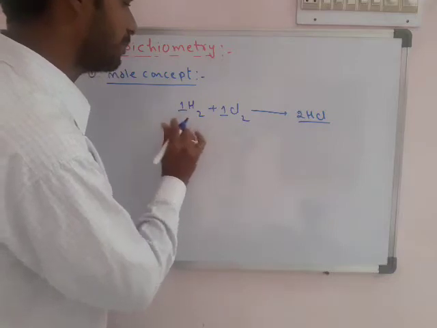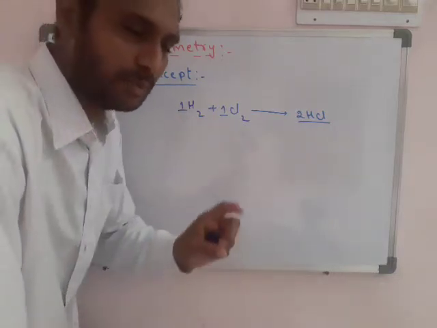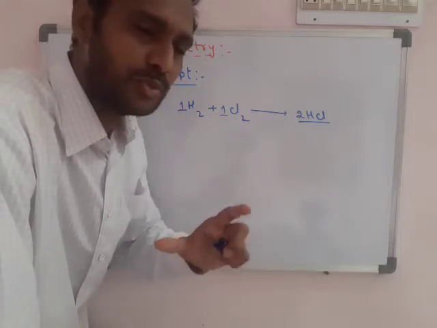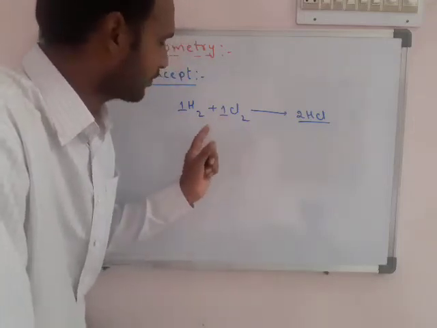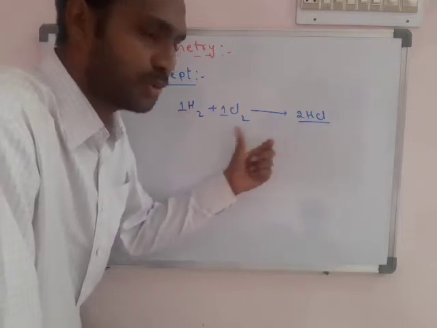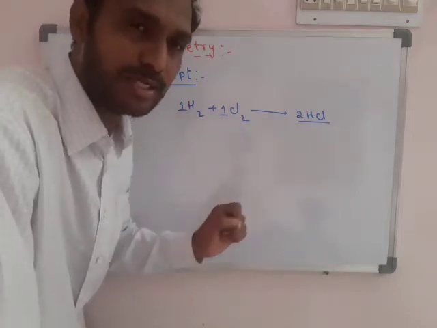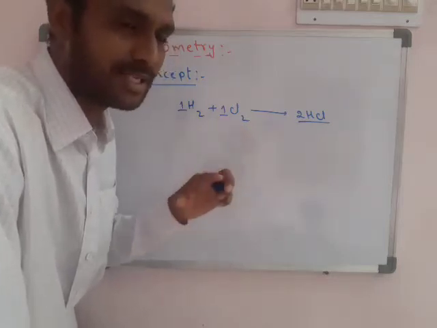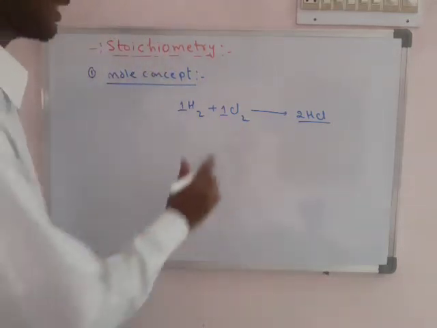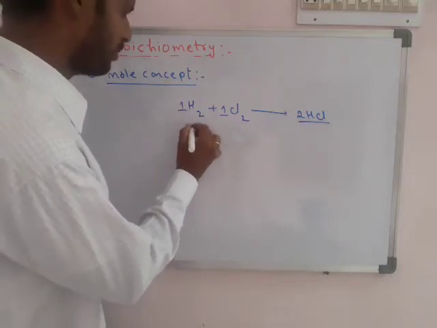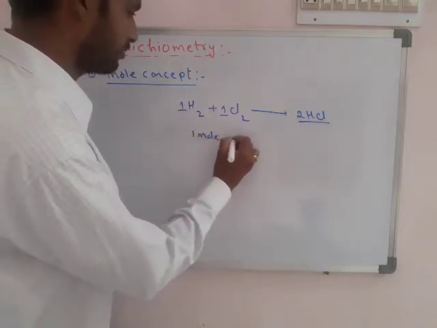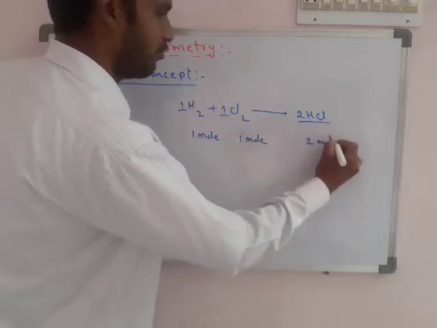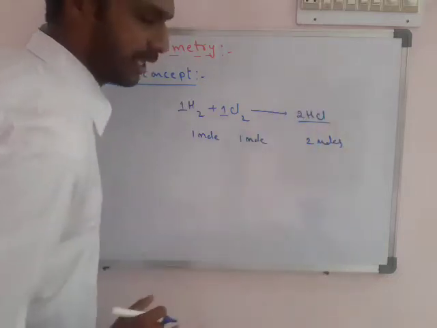By comparing the moles with the help of a balanced equation, we are able to calculate reactant to product. Sometimes the comparison is only between the reactants. For example, here 1 mole of hydrogen reacts with 1 mole of chlorine, forming 2 moles of HCl.